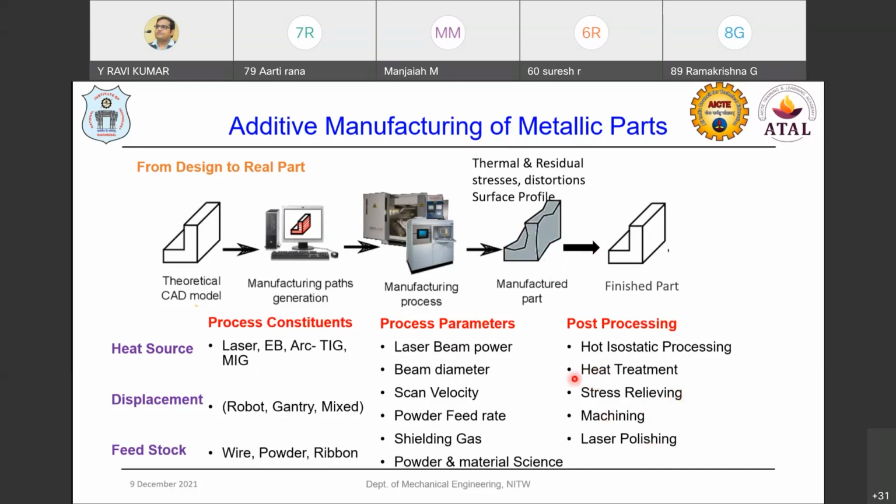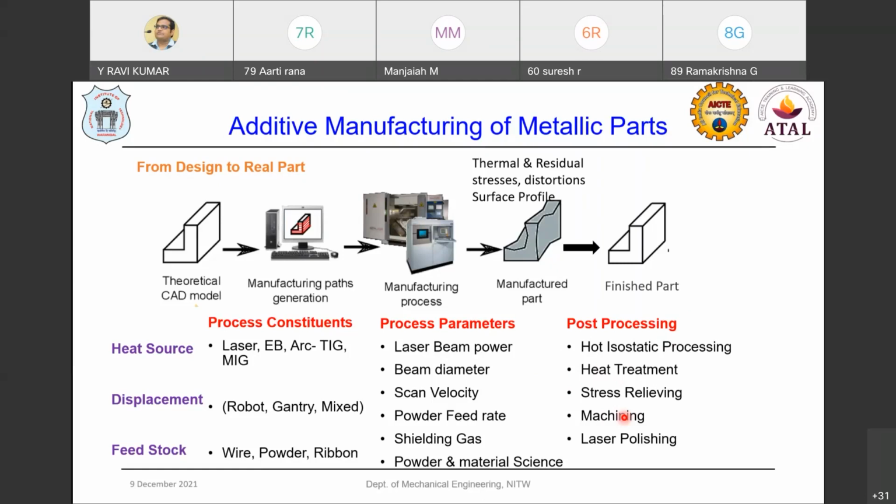You can see it is mentioned here. There are several post-processing techniques. Hot isostatic pressing, which is the HIPping process, as well as heat treatment processes for stress relieving and annealing to improve the microstructural properties, as well as machining to get the required tolerances and geometries, and laser polishing, abrasive flow finishing, chemical polishing or electrochemical finishing.